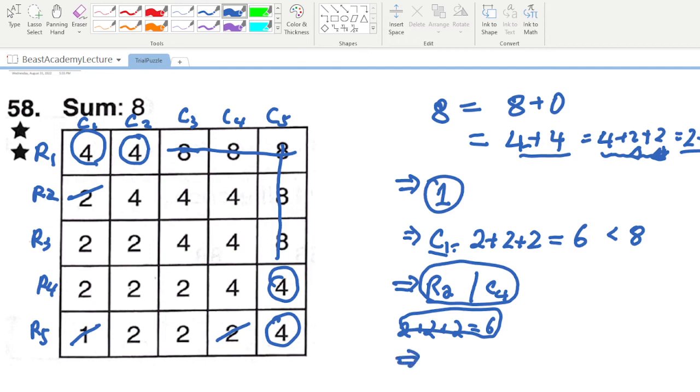Can anybody help me tell which row and which column we are going to work on? We're going to work on row 3. Okay, row 3. You need to know one rule.